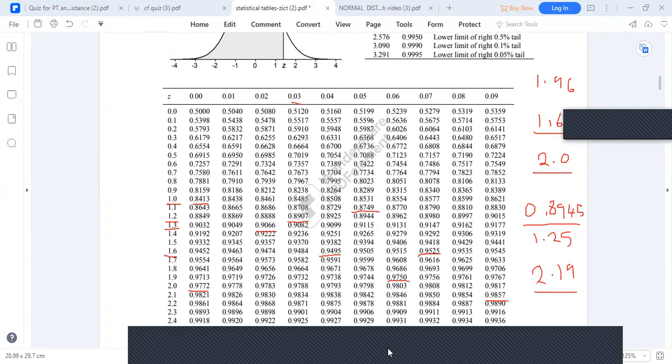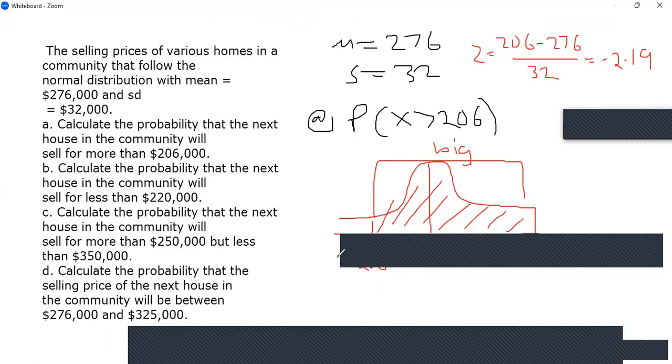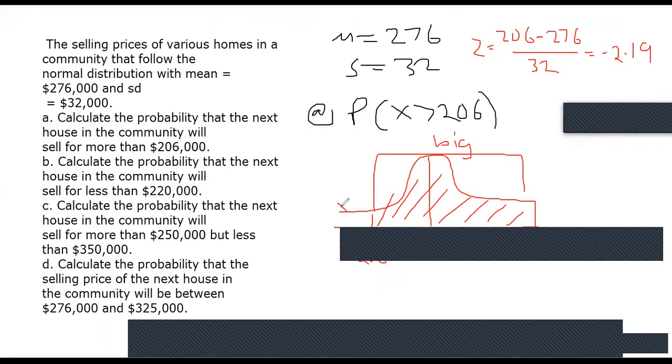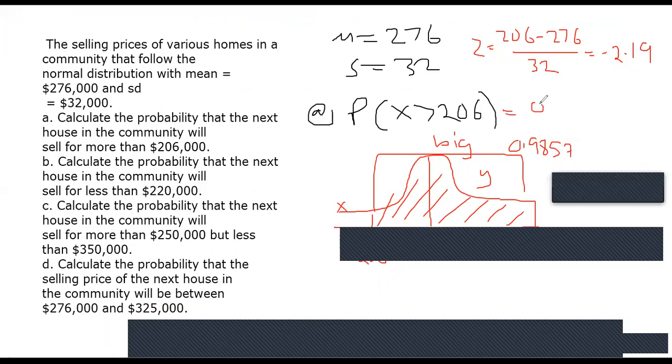Yes. Which one is the 98.57, the small part or the bigger, wider part? The bigger part, which we are looking for. So in this case, are we going to subtract from 1 or read it directly? We'll read it directly because it's big. Yes. All right.